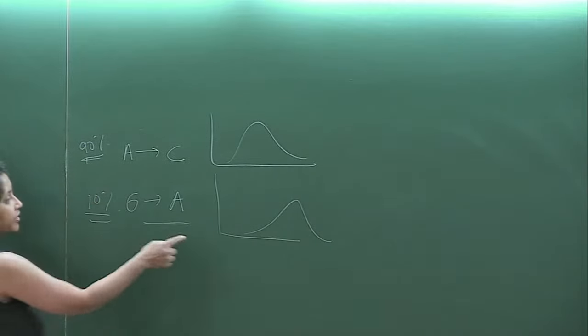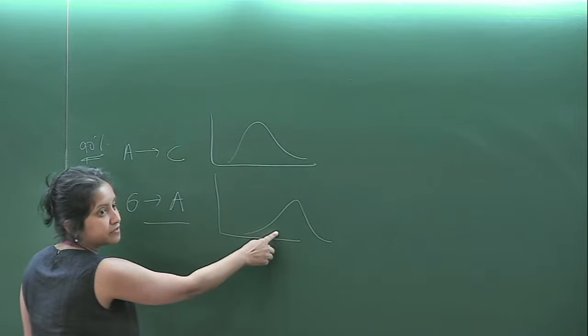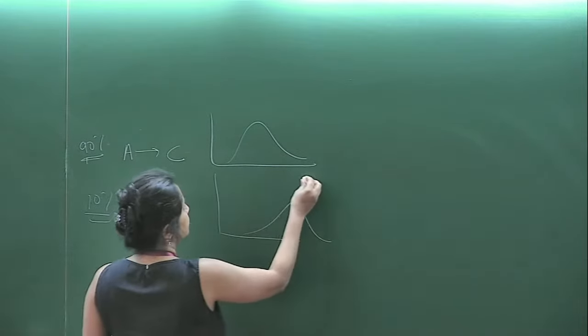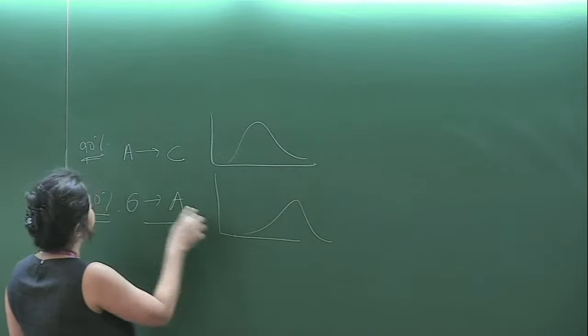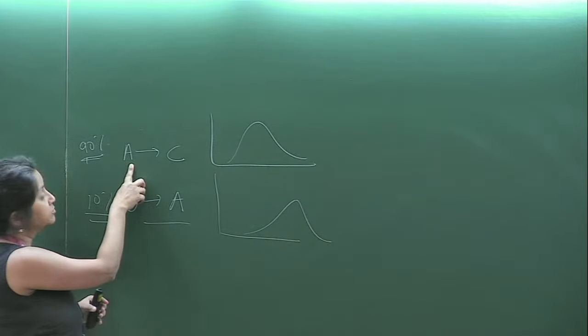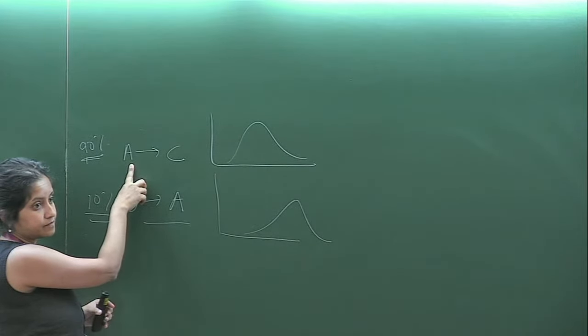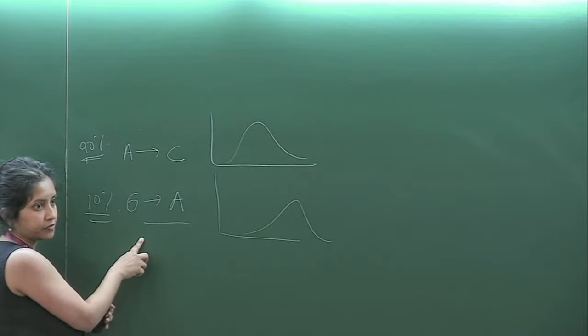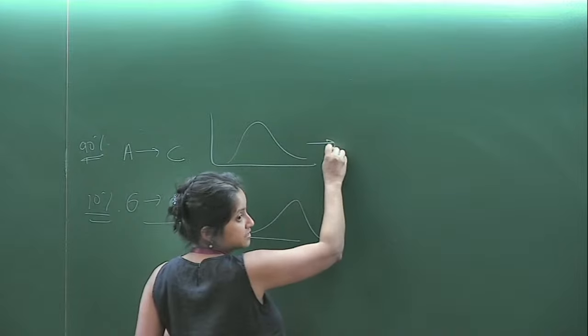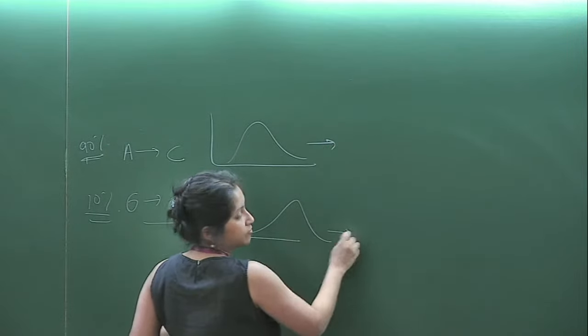So there is this mutation bias coming in the shape of the DFE. No. How often are you going to even encounter this DFE at all? If you're going to be sampling from some general DFE, let's say, when you're doing your adaptive walks, you have to sample from both these DFEs in the proportion in which these mutations will occur. So if these mutations are 90% frequency and these are 10% frequency, you're going to draw 90% of your mutations during adaptive walks from this DFE and 10% from this DFE.